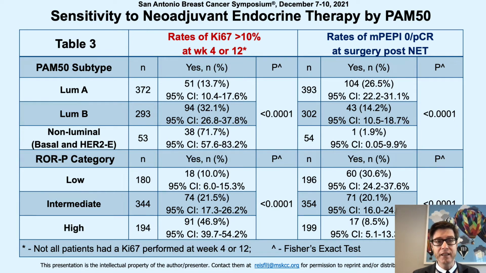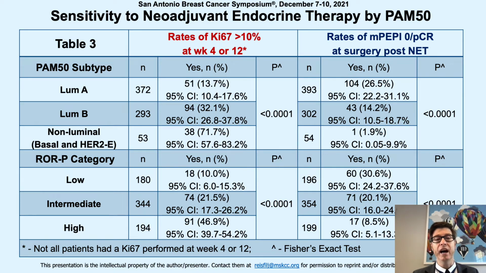And as you can see here, luminal A showed the lowest rates of resistance and the highest rate of sensitivity to neoadjuvant endocrine therapy. Luminal B had intermediate rates, but the non-luminal breast cancers, which accounted for 7.2% of all cases, had the highest rate of Ki67 greater than 10%, so resistance to endocrine therapy, and the lowest rate of mPEPI-0 or pathologic complete response post-neoadjuvant endocrine therapy.